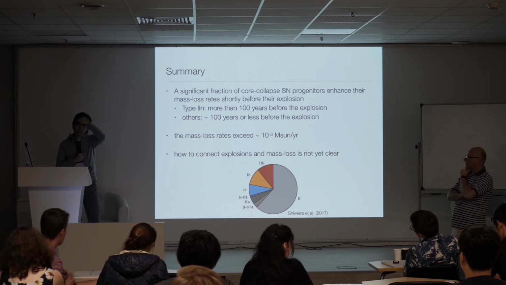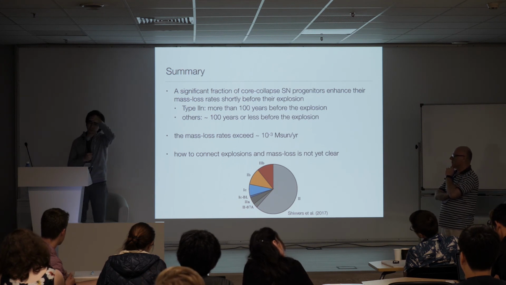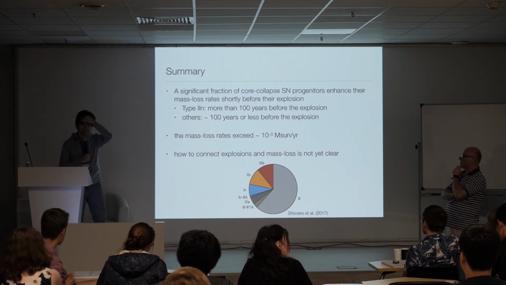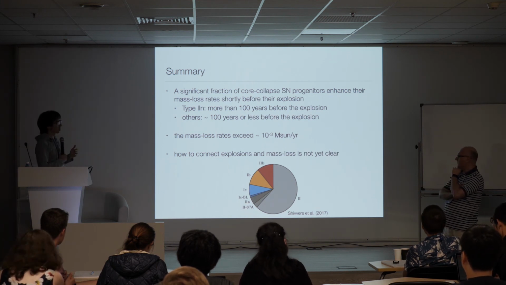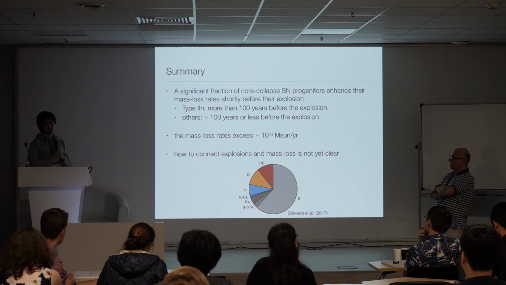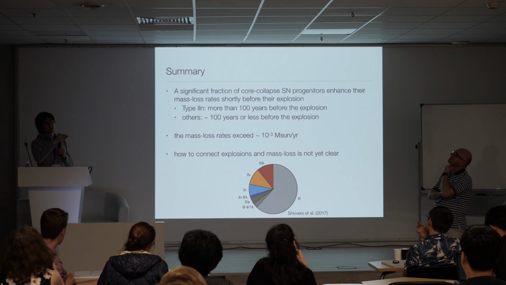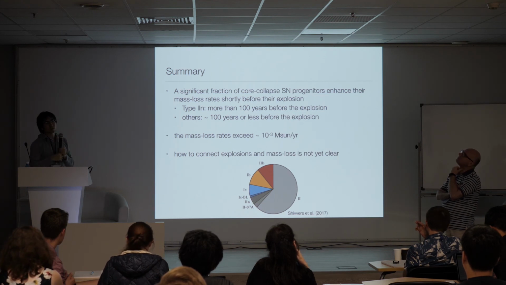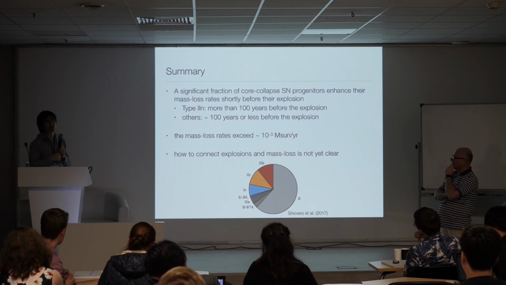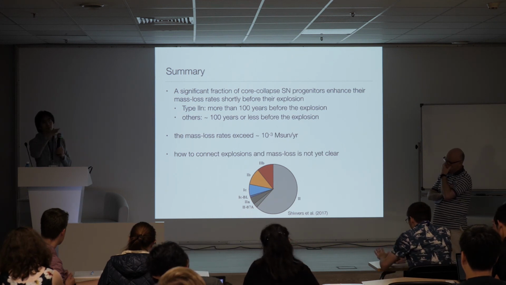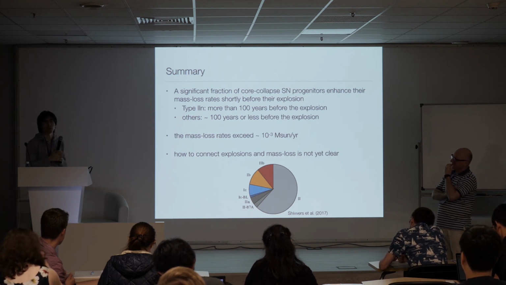So in this sense, binarity may be important. That's one case, but in the other case we have large mass loss rate even when there's no companion star. So around 10 to the minus 3 solar mass per year you can in principle reach by line driving, and then you can enter the continuum driven regime that can lead you up to like 0.1 solar mass per year.